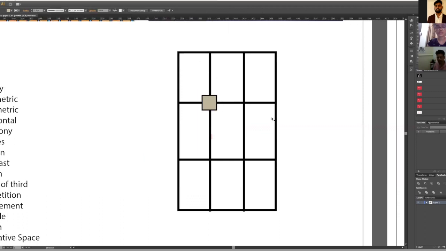So this is again my place of rule of third. Similarly, this is another place of rule of third. Now this is the topmost of the rule of third. Similarly, if I place things here, this is again called rule of third. And similarly here. So on portrait we have four sides.